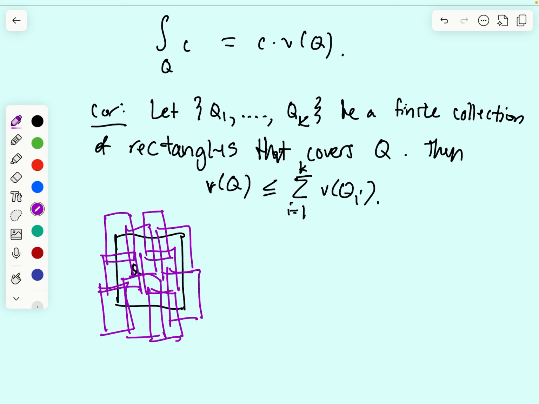Here you're just integrating one, right? So you can define a partition. The idea is that you can get a partition of Q this way.